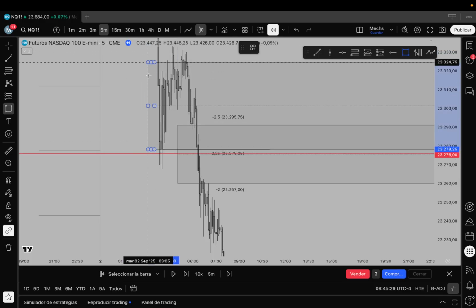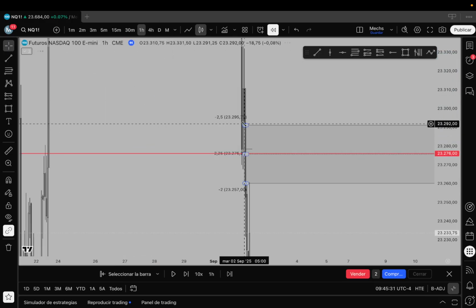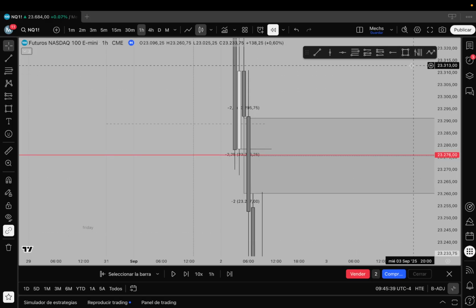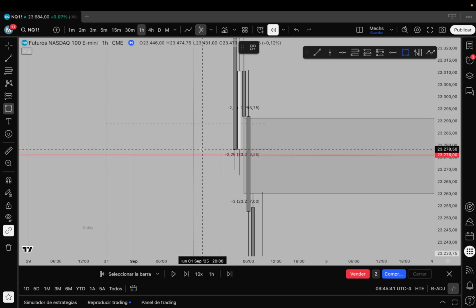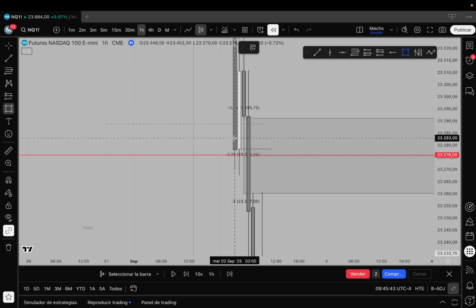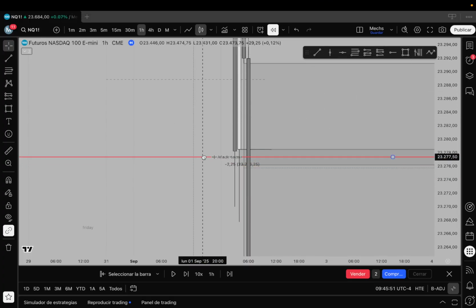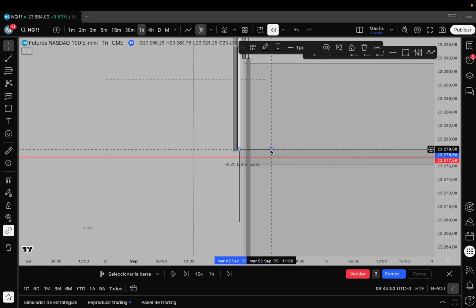I mean, I drew a box from the order block to my level 276. You don't need to do that, but I wanted a very precise entry, so I just marked it and entered here.